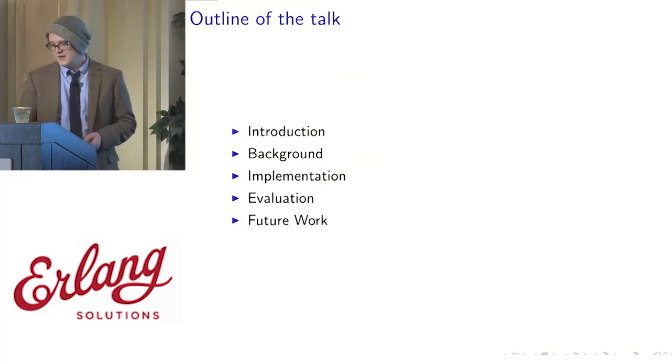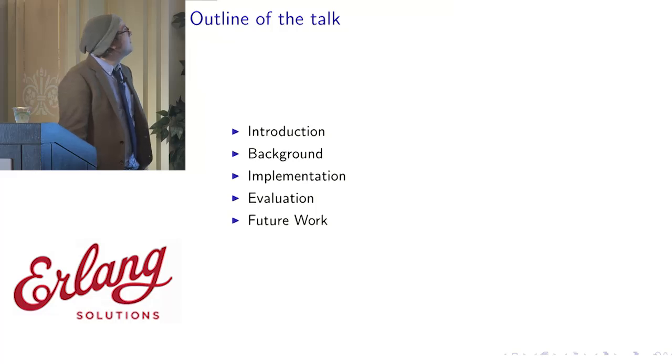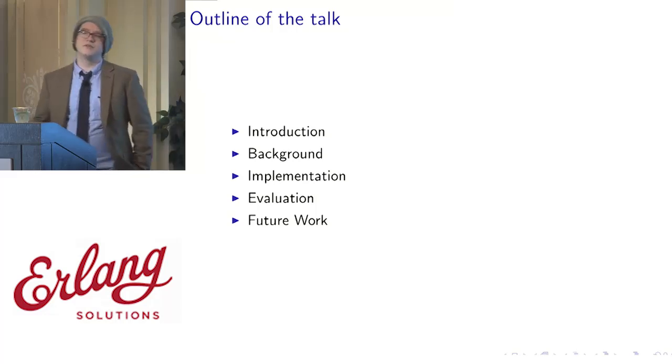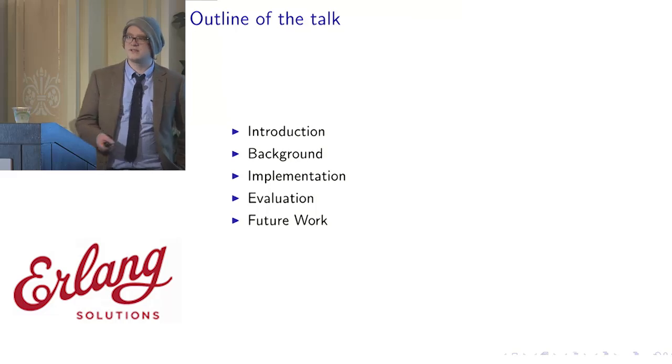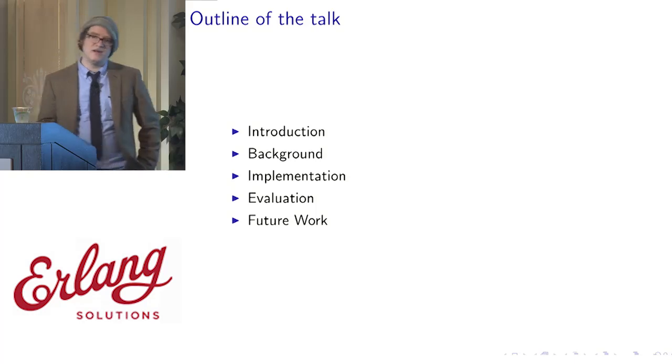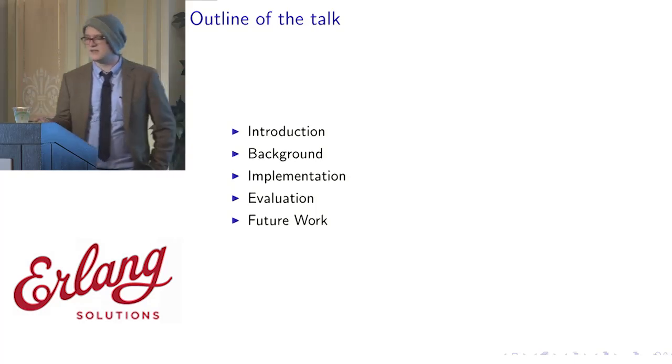It's just an interesting approach to looking at how to potentially solve a problem that may or may not be interesting to you. So the general outline of the talk: we're going to walk through the introduction. We'll do a little background on what Coq is, what Core Erlang is, and the extraction mechanism that we use to generate the code, which is not written by me, but by somebody else.